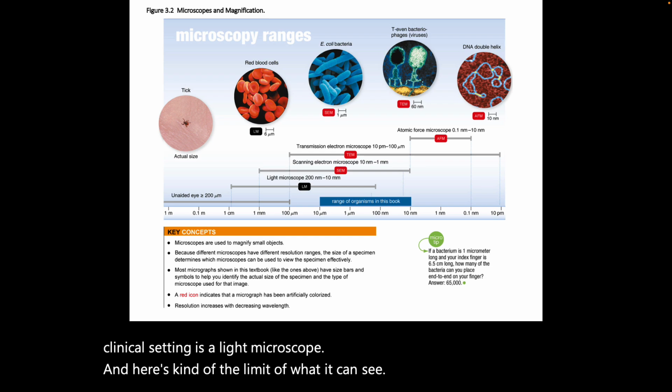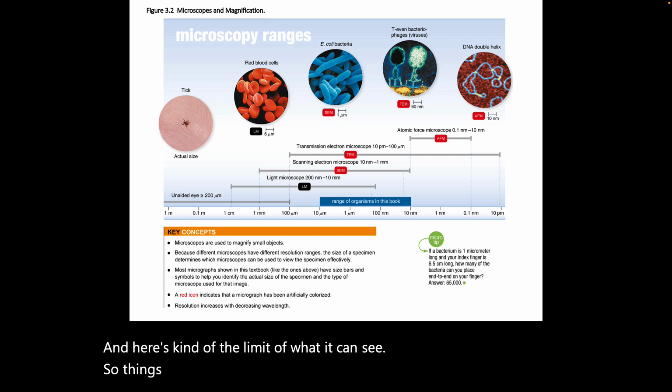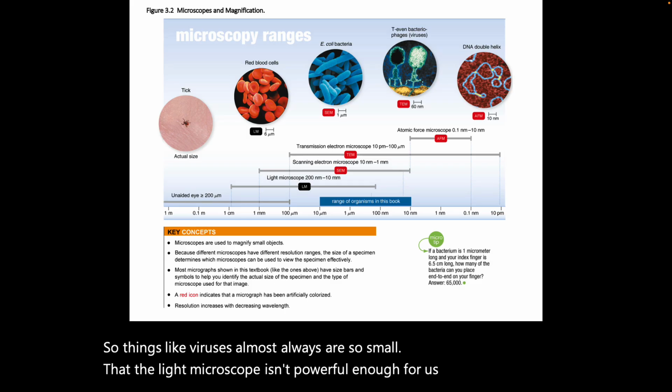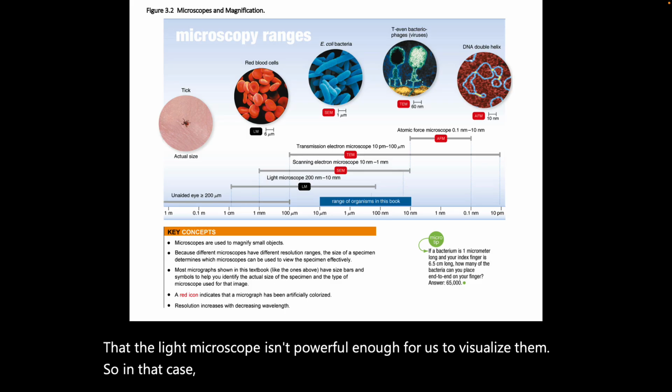So things like viruses almost always are so small that the light microscope isn't powerful enough for us to visualize them. So in that case, we would turn to something like electron microscopy, which we'll talk about a little bit later in the slides.